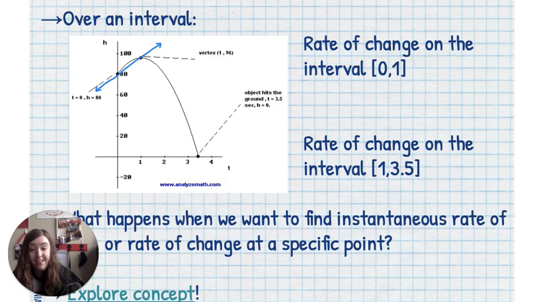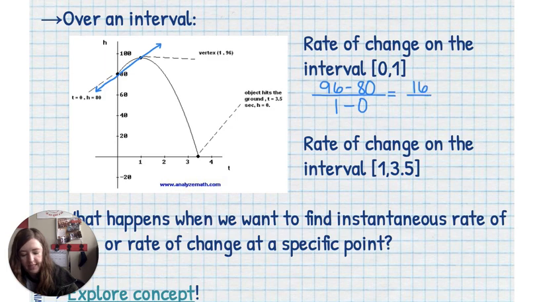So we'll take our y values and subtract. So we'll have 96 minus, and then my other y value, let's see, is 80, over, and then we have 1 minus 0. And then we'll simplify.